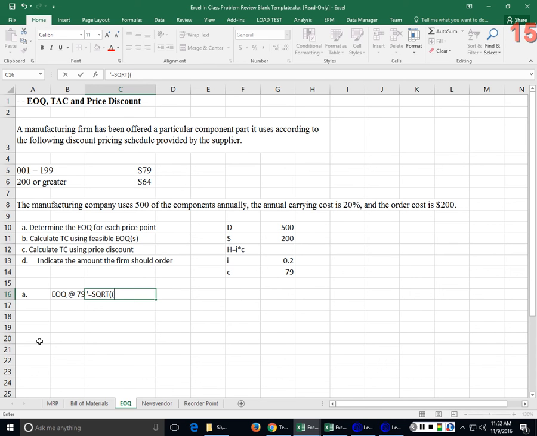So my numerator is going to be 2 times my annual demand of 500, times my setup cost of 200, close the parentheses. Then I divide by, open parentheses, the interest rate times the cost. In this case, it's 0.2 times 79, close the parentheses for the denominator, and close the parentheses for the square root. Okay?